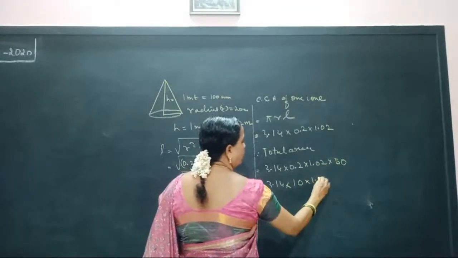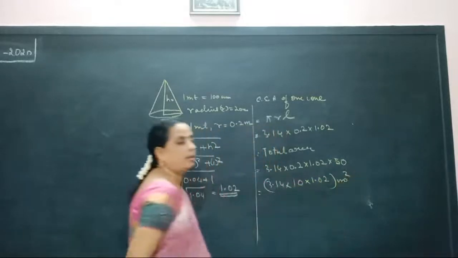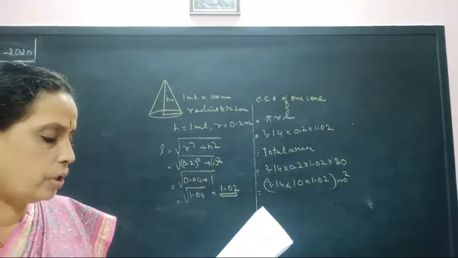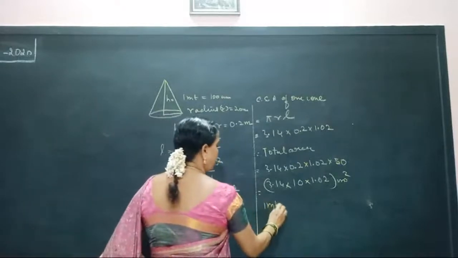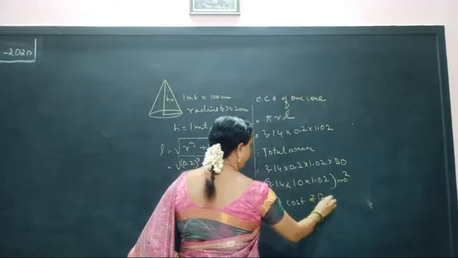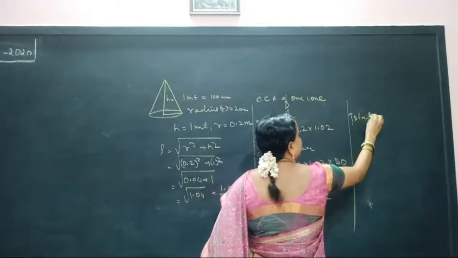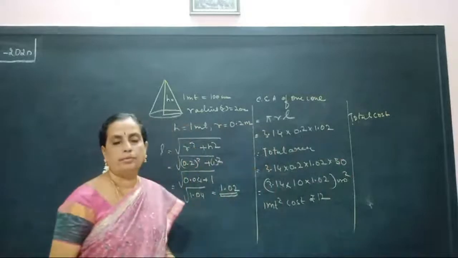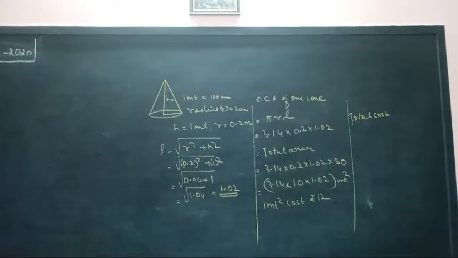That into 1.02. So get the product and then what will be the cost at rupees 12. 1 meter square cost rupees 12. Therefore, total cost. So what area you will get? That into 12 you have to consider. Come on, do the calculation.